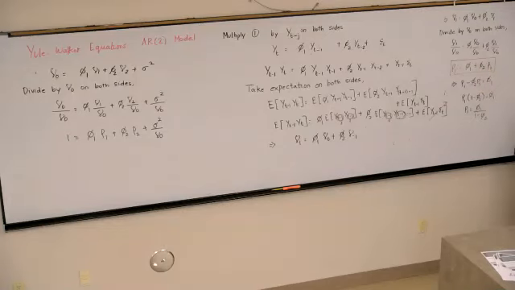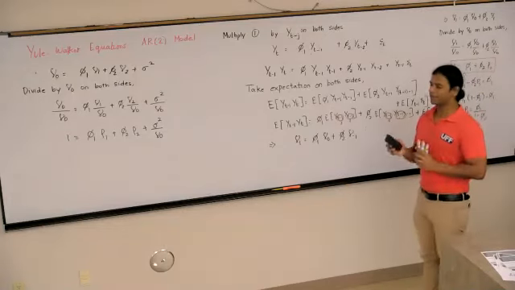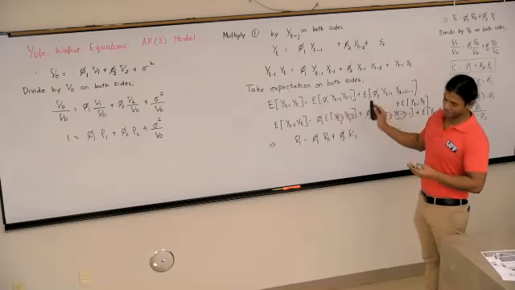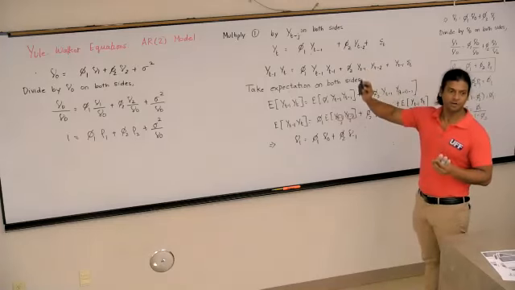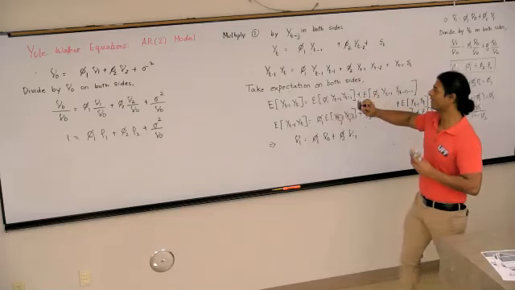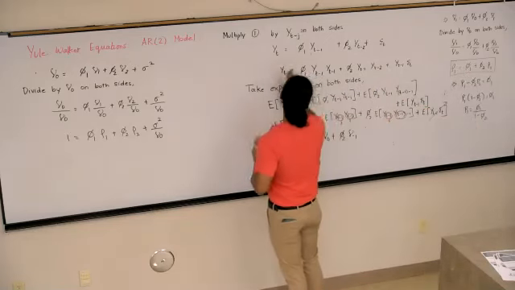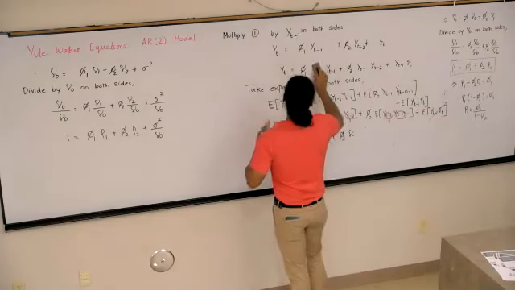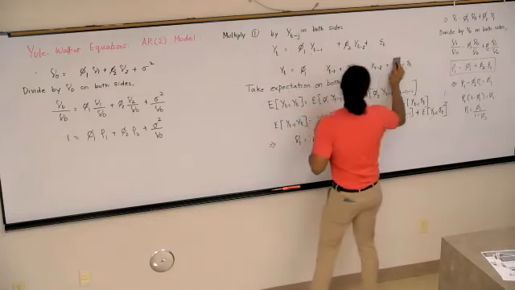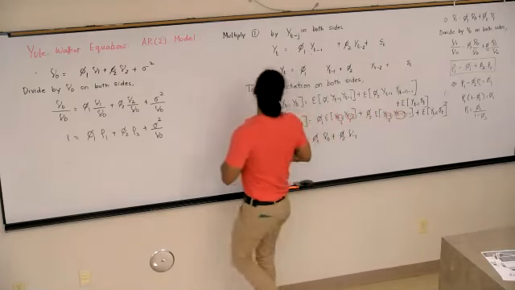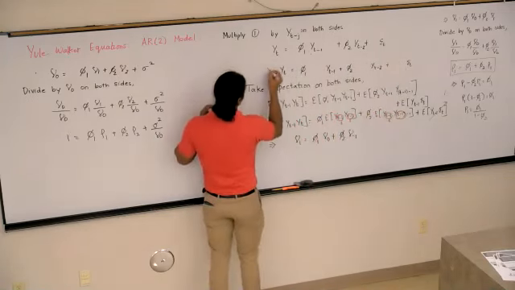What we're going to do is multiply both sides by y t minus j, right? I'm just going to use my space here instead of erasing everything, so you can understand it better also.